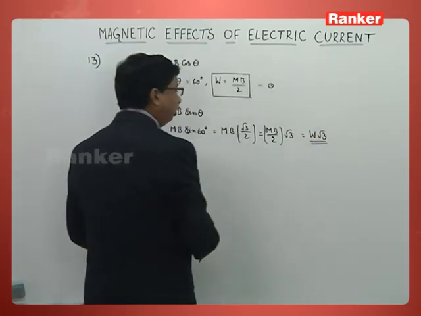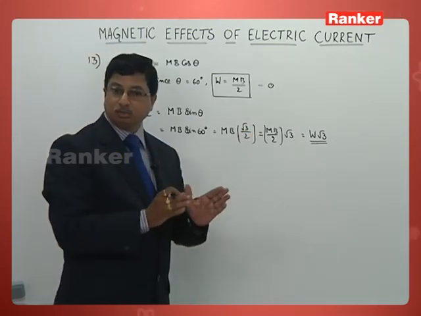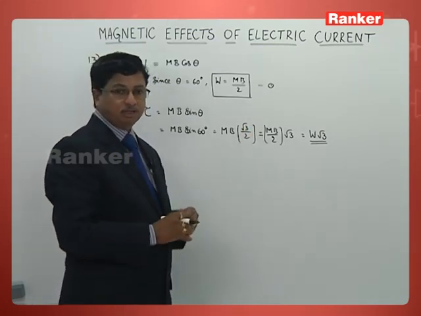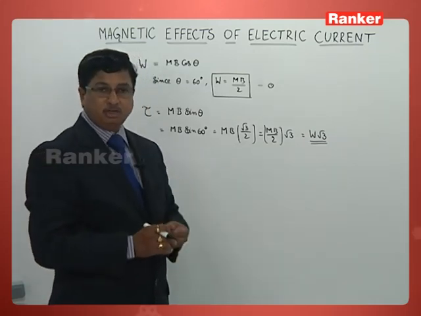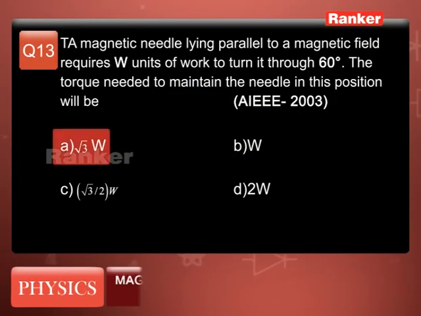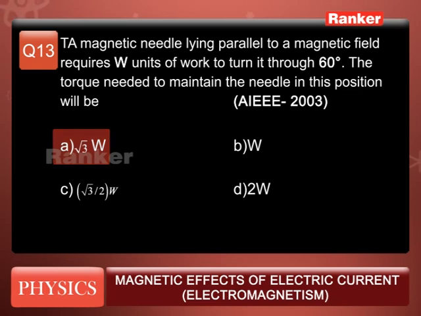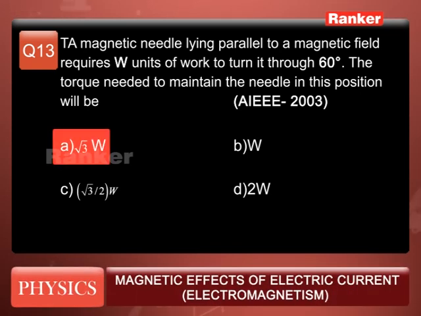That is the value of torque needed to keep the needle in this position. He has given root 3 times W as the first option, so straight away the correct answer for this question is A.